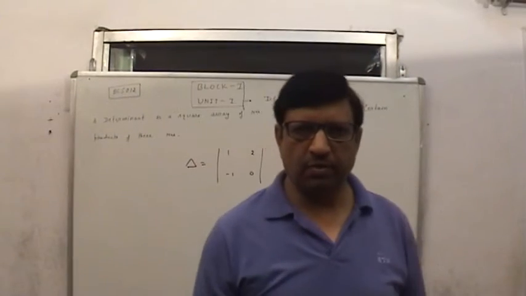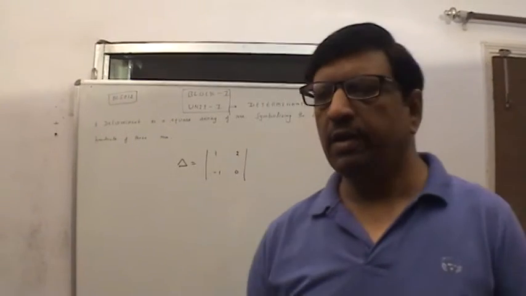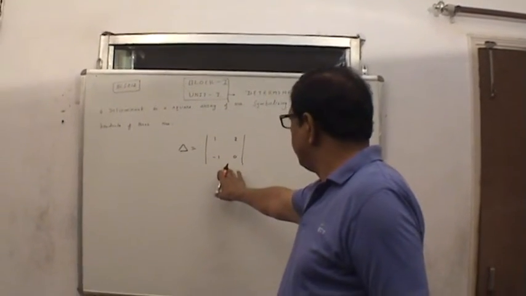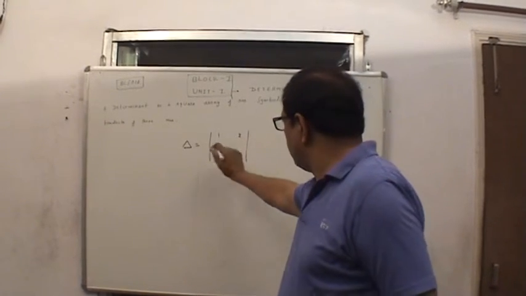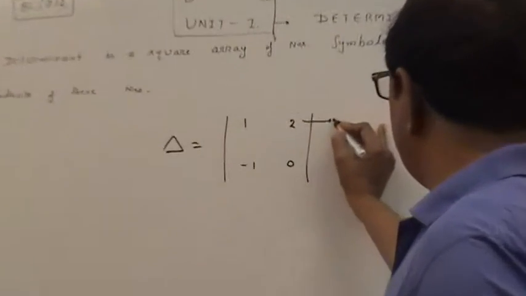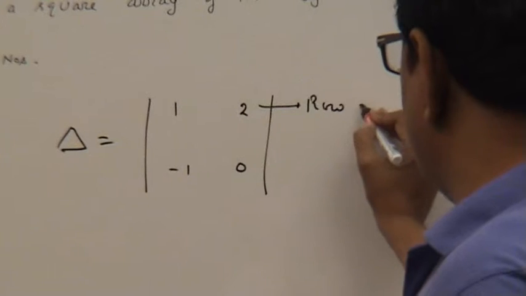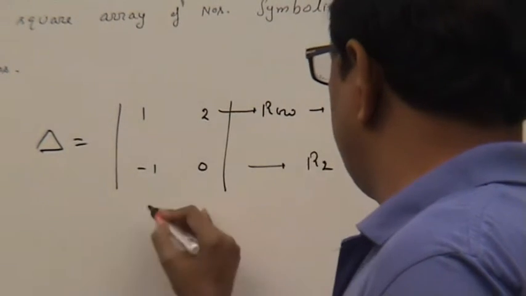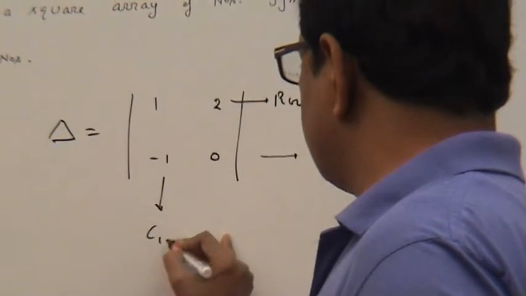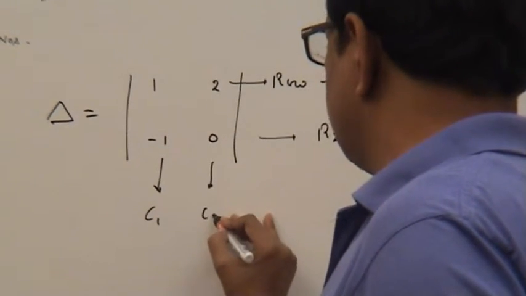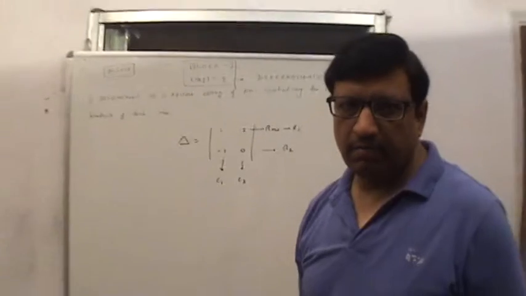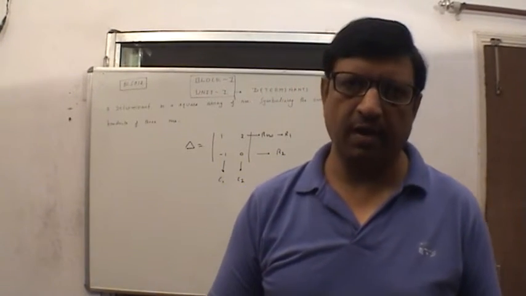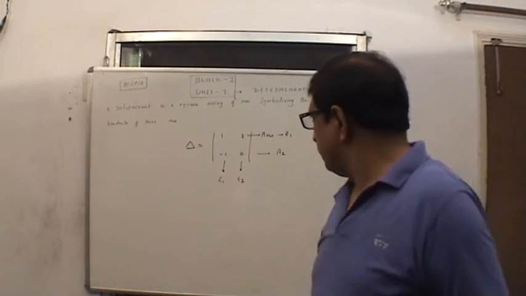It is a formation of the determinant in which different numbers are arranged in a certain order. These are rows: row R1, row R2, and this is column C1, column C2. One thing is clear: a determinant is always a square array of numbers.